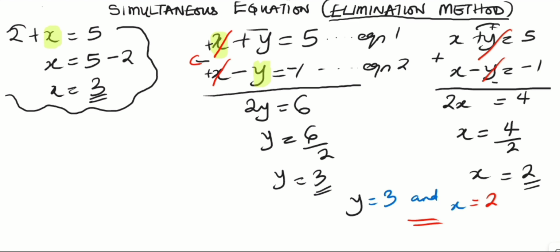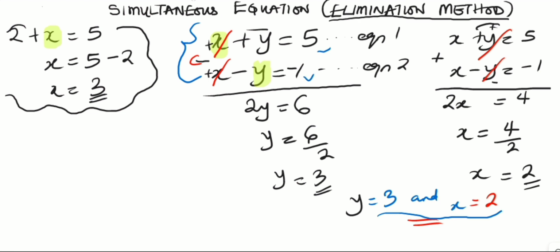Now just for information, in case you want to check your answers: when you solve simultaneous equations, you must make sure that the answers you get satisfy both equations at the same time. So let's quickly do that. We are going to replace the answers we have gotten into the original problem and see if we get the same solutions.